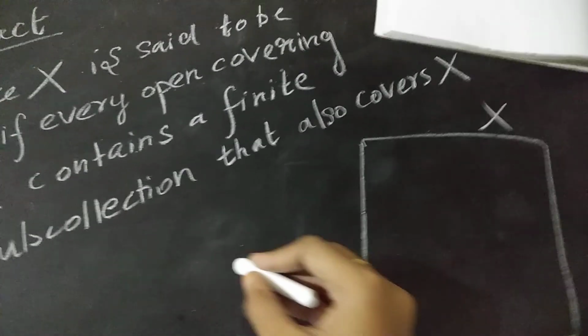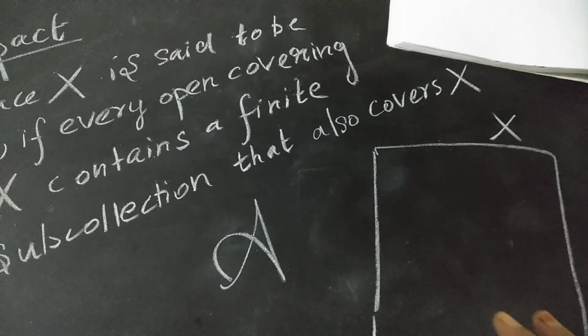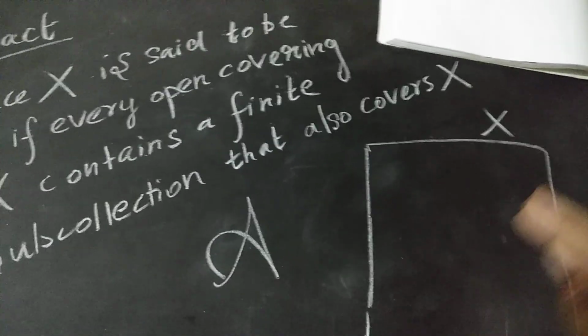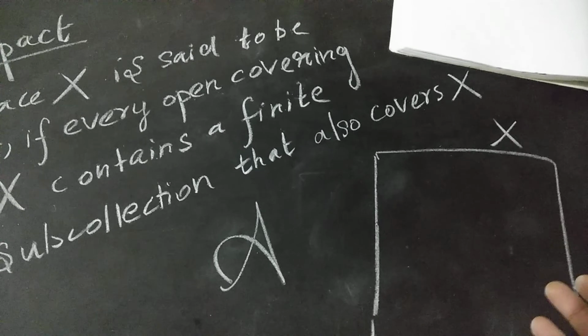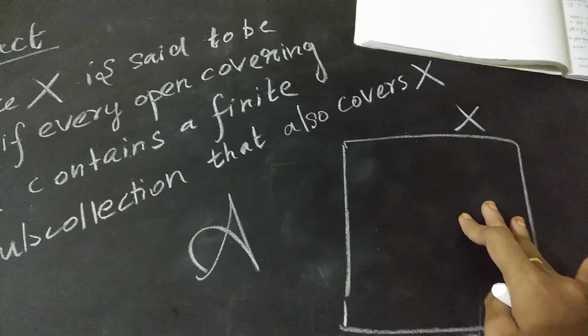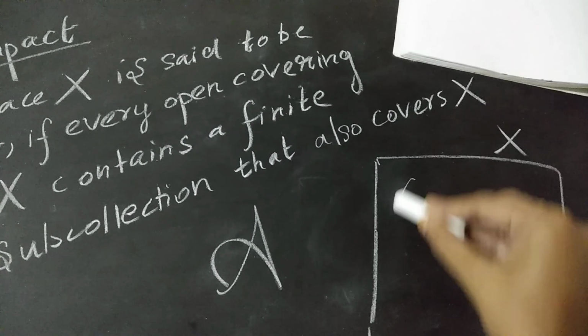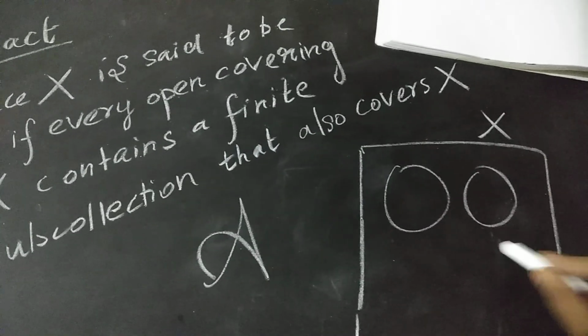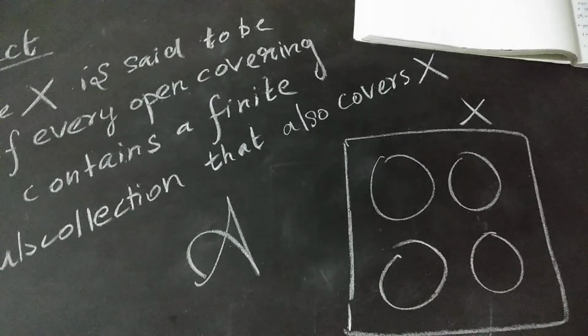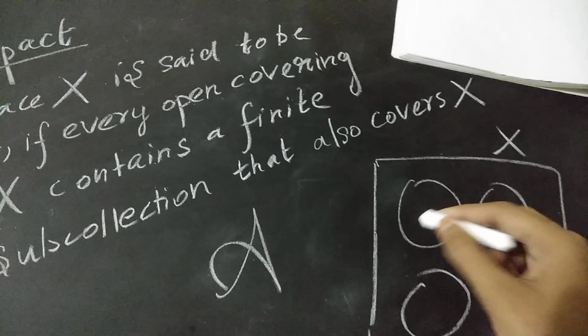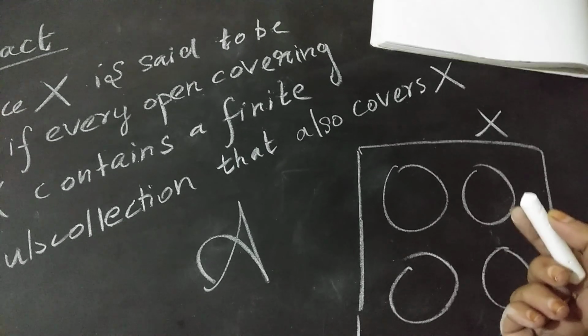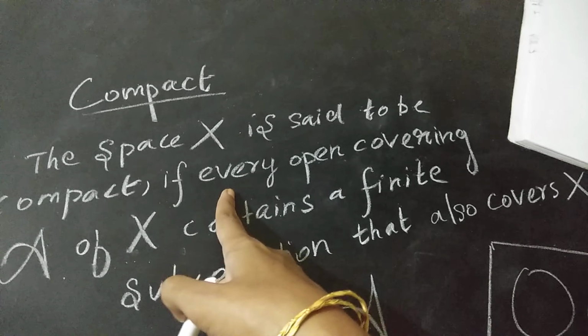One open covering, that is script A. Like that, you will have so many open coverings within the topological space capital X. Imagine you have so many open coverings like this.